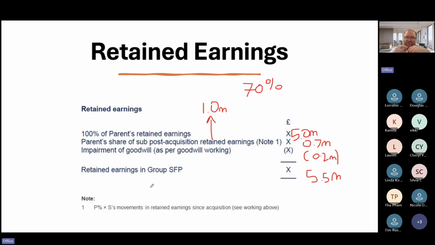The important thing there is to remember that impairment of goodwill affects group-wide retained earnings, because you've got less money to distribute to your group shareholders, as you've impaired the value of the investment ultimately.